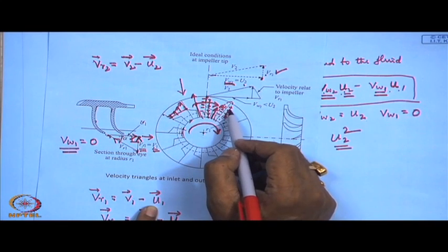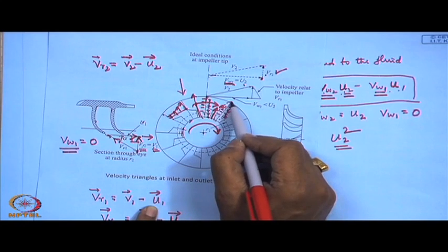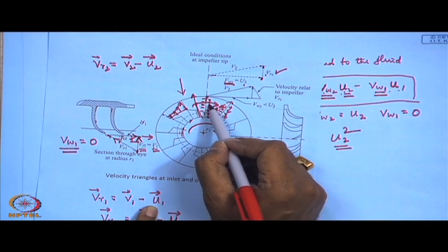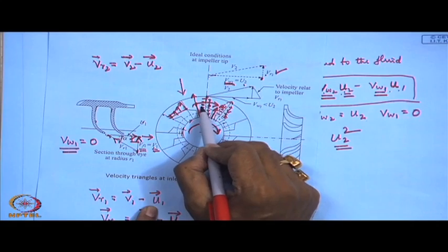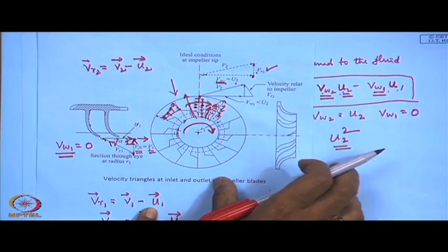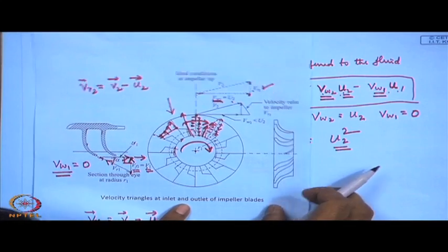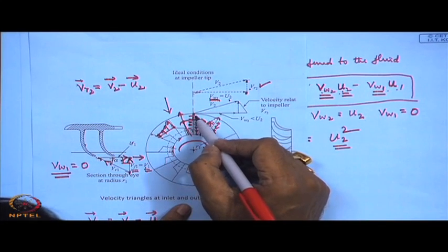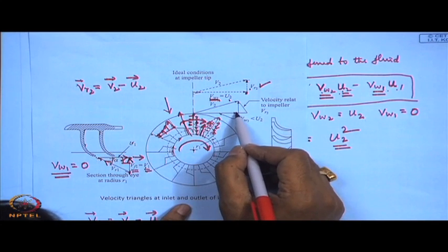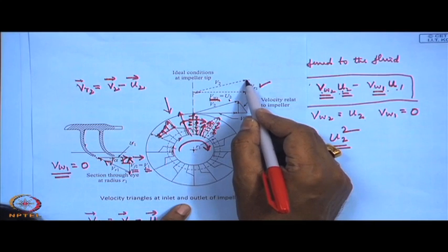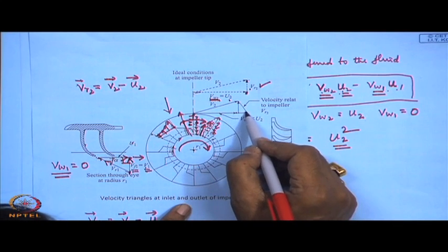So as a whole, what happens? Because of this small recirculatory flow, due to the difference in pressure between the leading and the trailing edge, there is a change in the direction of the velocity of the fluid relative to the blade. So this results in this way. That means we wanted the fluid to go in the radial direction, rather it will move in this way.